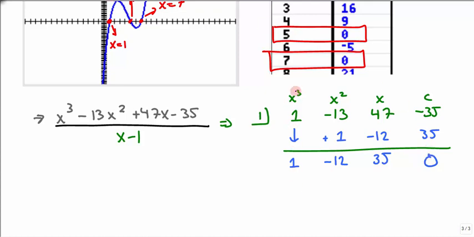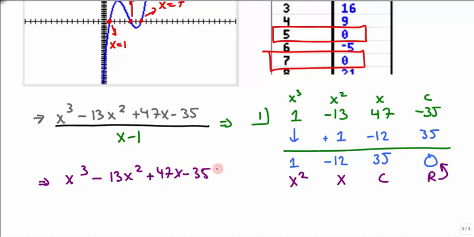Going down by a power, x squared, x, constant, and since my remainder is 0, that tells me that x minus 1 is indeed a factor. So x cubed minus 13x squared plus 47x minus 35 equals 0 factors into x minus 1, that came from right here, and then my remaining factor comes from right here.